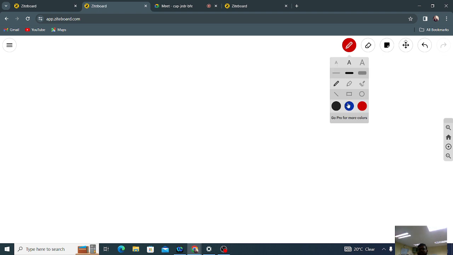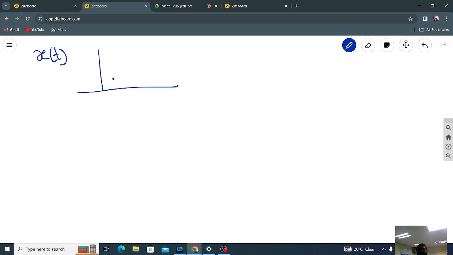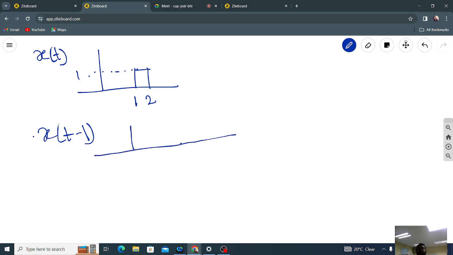So what is the signal x of t here? x of t is between 1 to 2, the value is 1. So x of t minus 1, what will it be? It will be the same signal, but the value is 1 here, but it will be between 2 to 3.